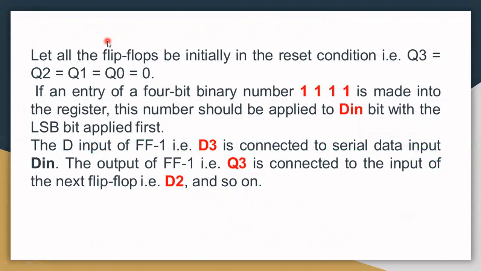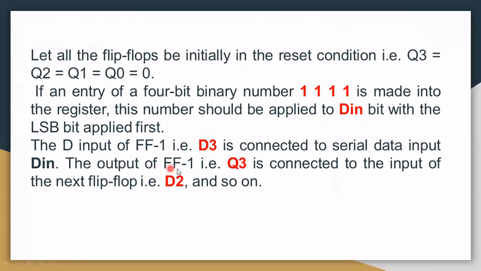So let us consider the condition in which Q3, Q2, Q1, Q0 are zeros. Then we have to enter the number 1111. D3 is connected to the serial data input DIN.